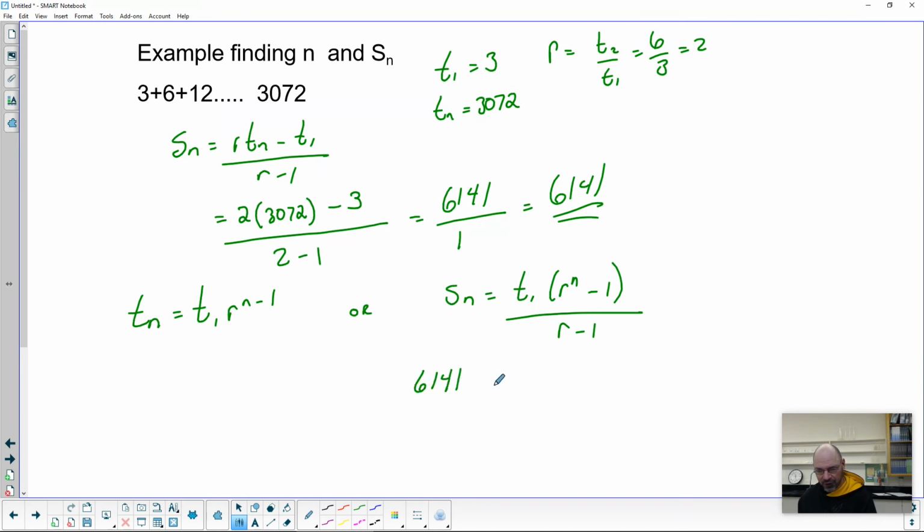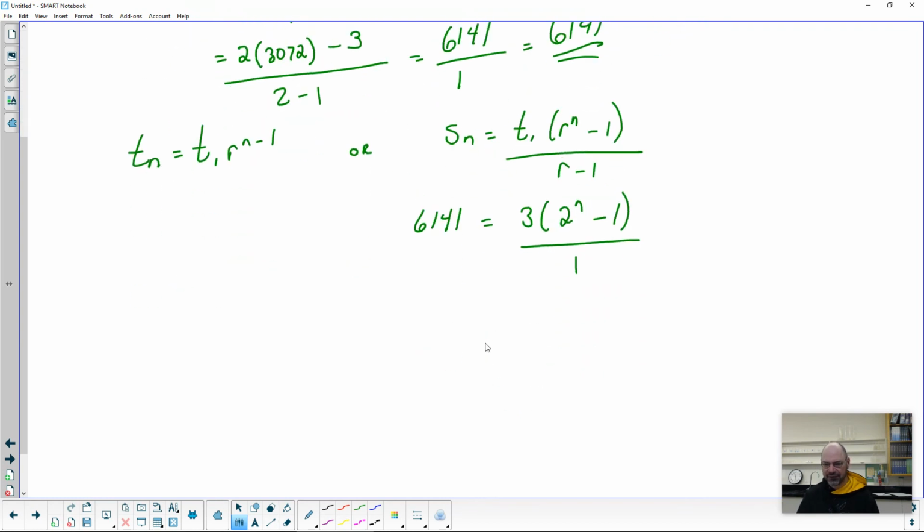So 6141 equals 3, and then r is 2, to the power of n minus 1, all over 2 minus 1. Okay, so that makes it a little nice and easy for us.